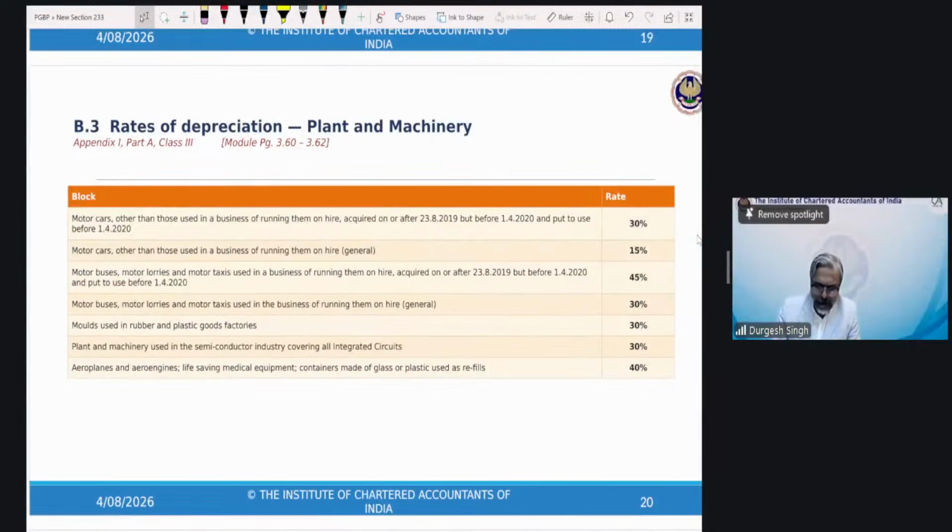Students, there is this motor car. There are two particular motor cars. Can you see this one? Generally, you focus on this particular part only, the general category.